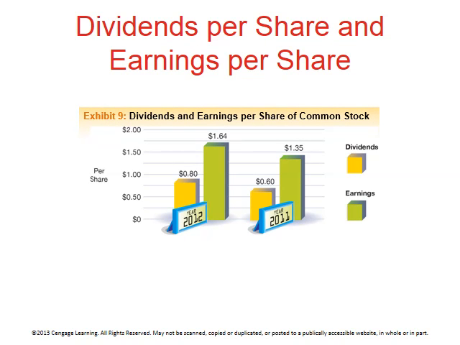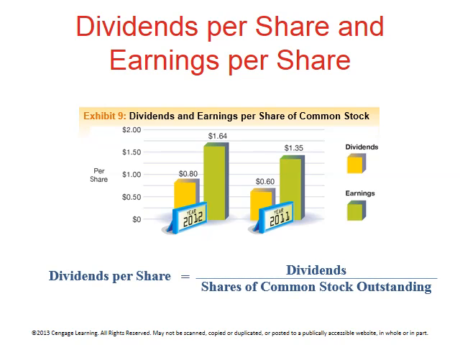So dividends per share and earnings per share. If we look at 2012, our dividends per share was 80 cents a share. Our earnings per share was $1.64. And if we look at 2011, they both go down a little bit. Dividends per share would be the dividends we declare first divided by shares of common stock outstanding.